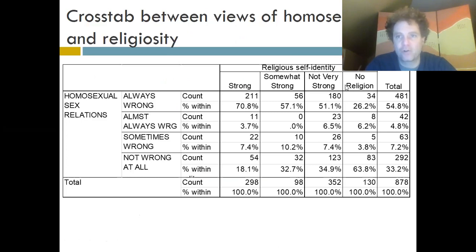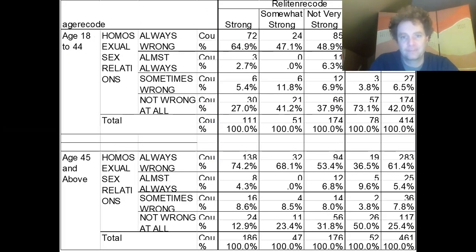All right, so here's our original crosstab that we saw before. Now we're going to split this crosstab into two crosstabs by age. We're going to have one crosstab for older people and one for younger people. Okay, so now we've got a lot more numbers.